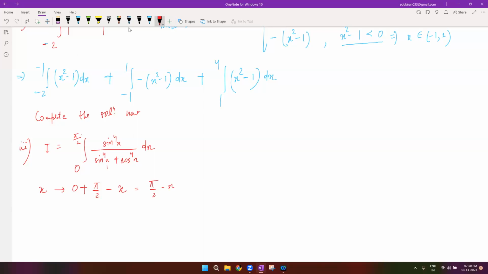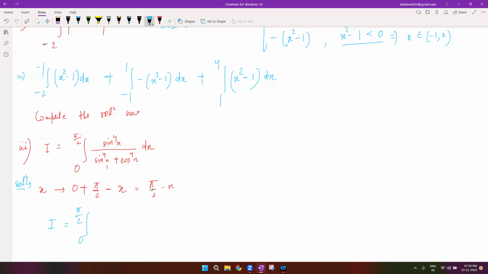Definitely will not change. Chalo, then start using fourth property now. And also, whenever in doubt, whenever you are not able to find out what should we do, always use fourth property. Okay. So in this case, the limits will remain same.